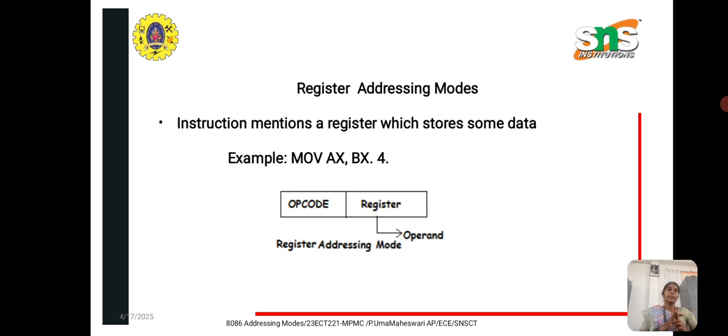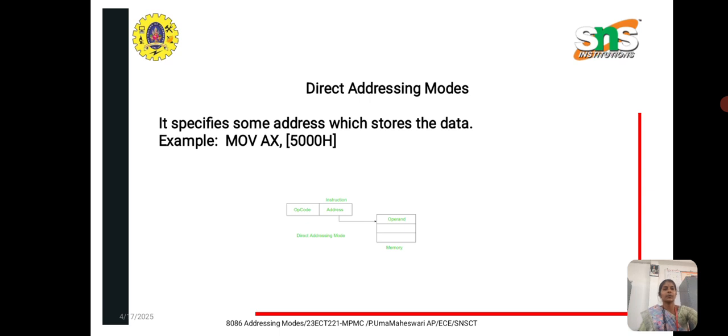For example, if we have two registers R1 and R2, and the content of R2 is to be added to R1, you give the instruction ADD R1, R2. It adds the contents of R2 to register R1 and saves the result in R1 itself. Got it? Next is the direct addressing mode.